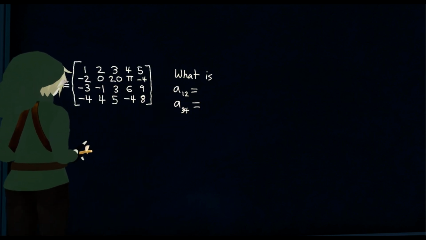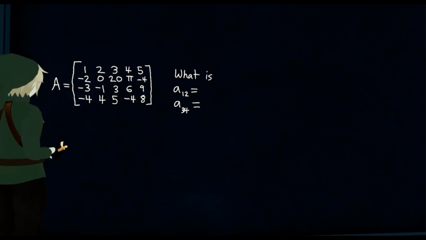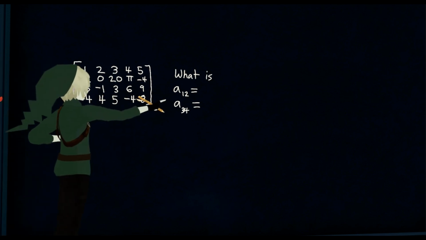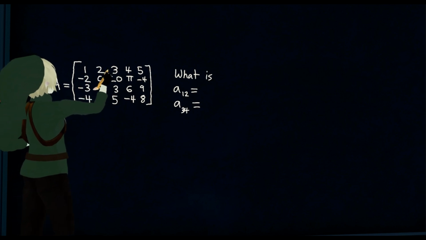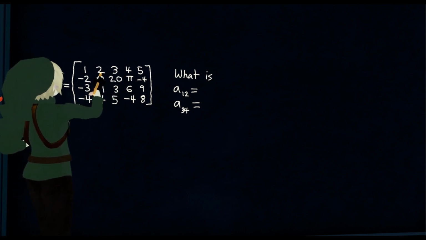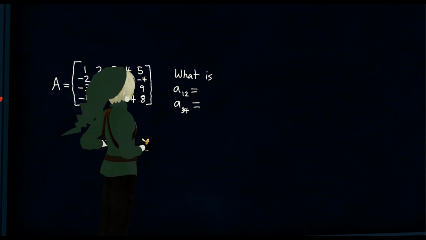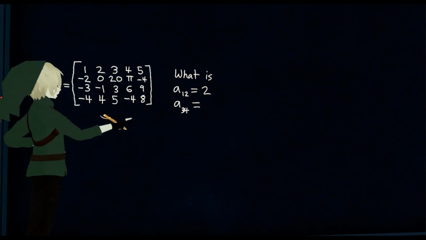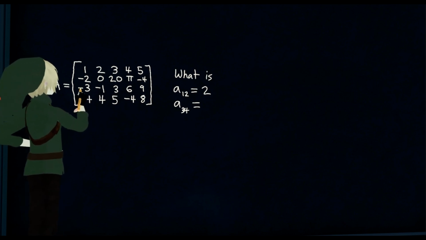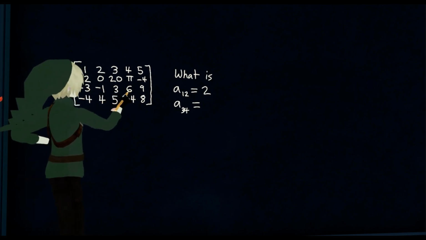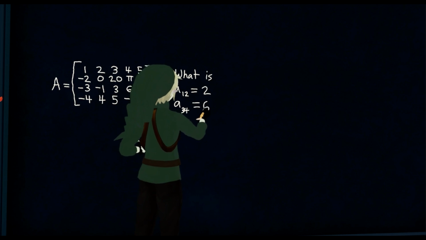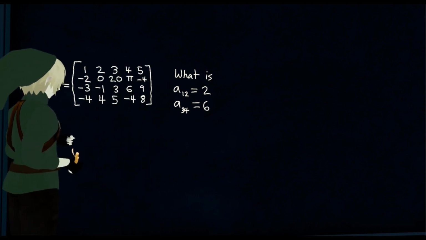So the way we read it is, what is the entry at row 1, column 2? Row 1, column 2. So it seems that A12, this entry, is 2. What about entry 34? Row 3, column 4, this is 6. So entry 34 is 6.